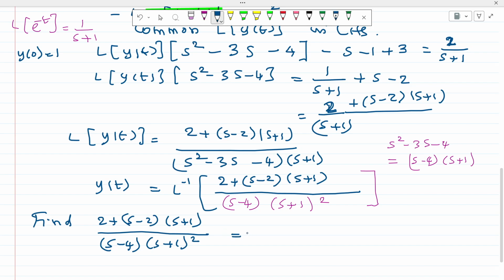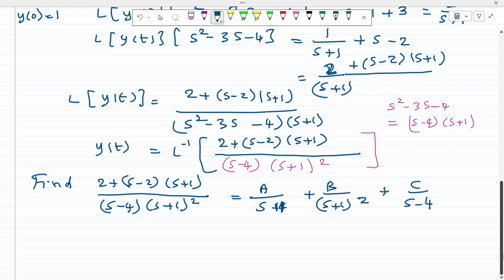This can be written as A by s plus 1, plus B by (s plus 1) whole square, plus C by s minus 4.